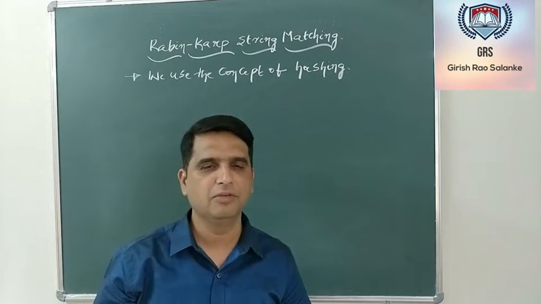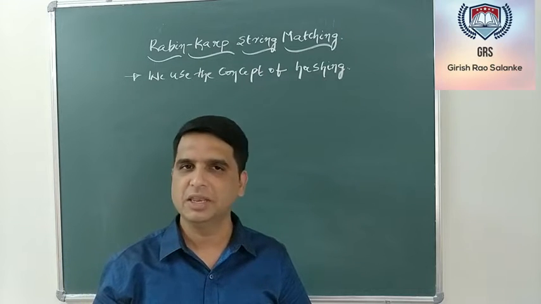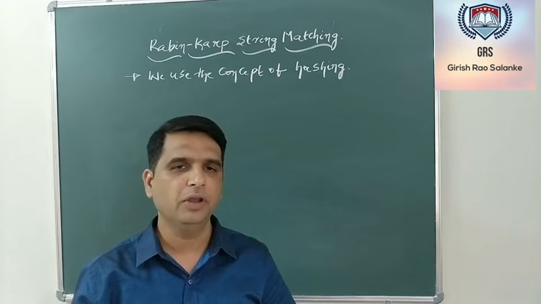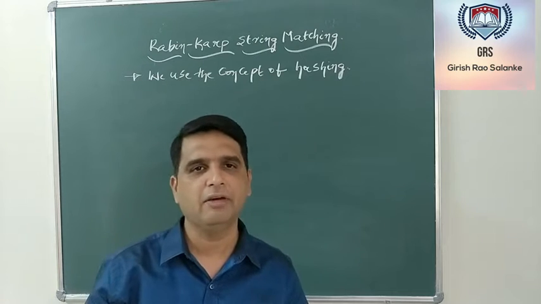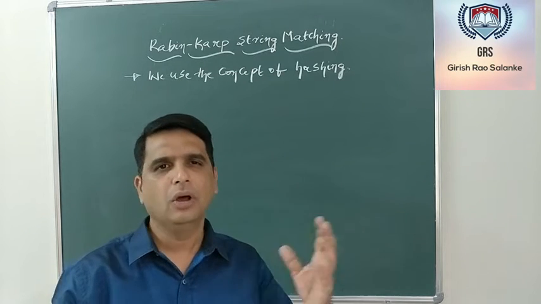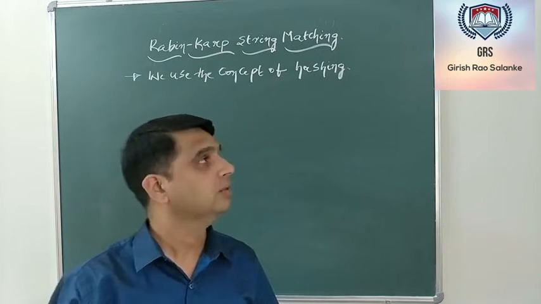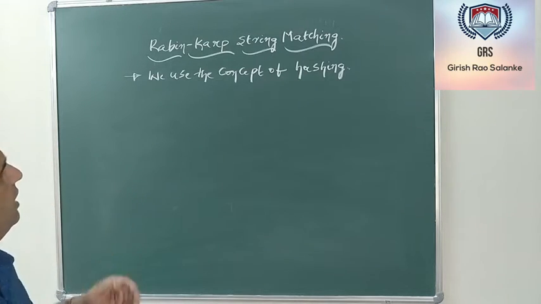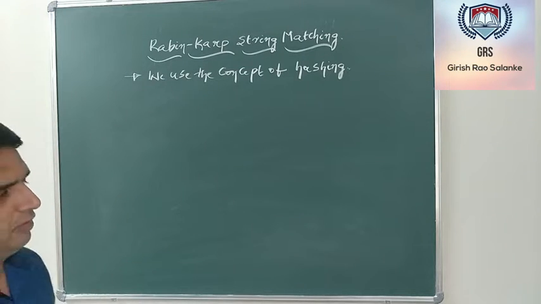Hope we all are familiar with the concept of hashing. In hashing, we convert a data value or a key into a hashed value. As I told, in Rabin-Karp, we use the concept of hashing.